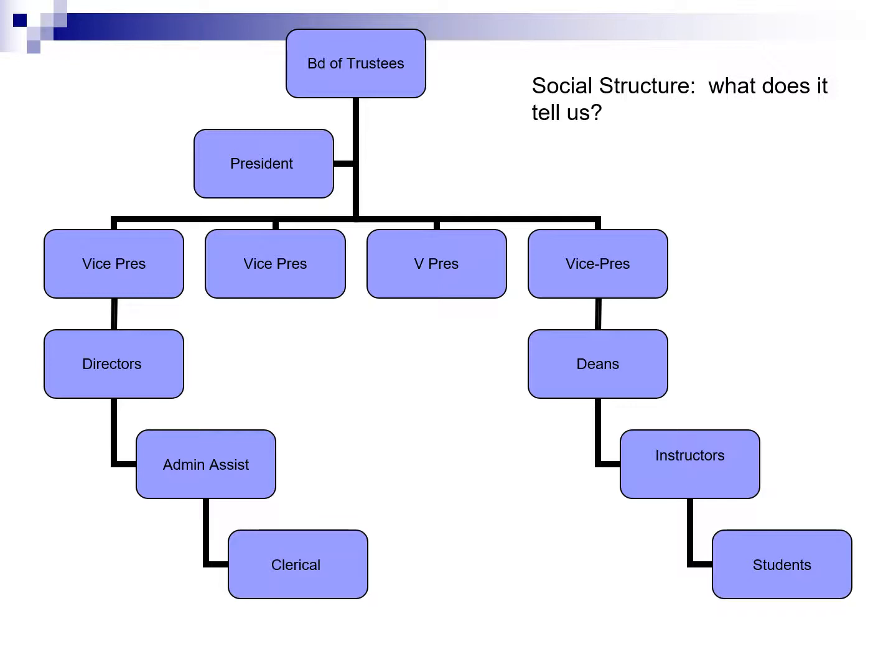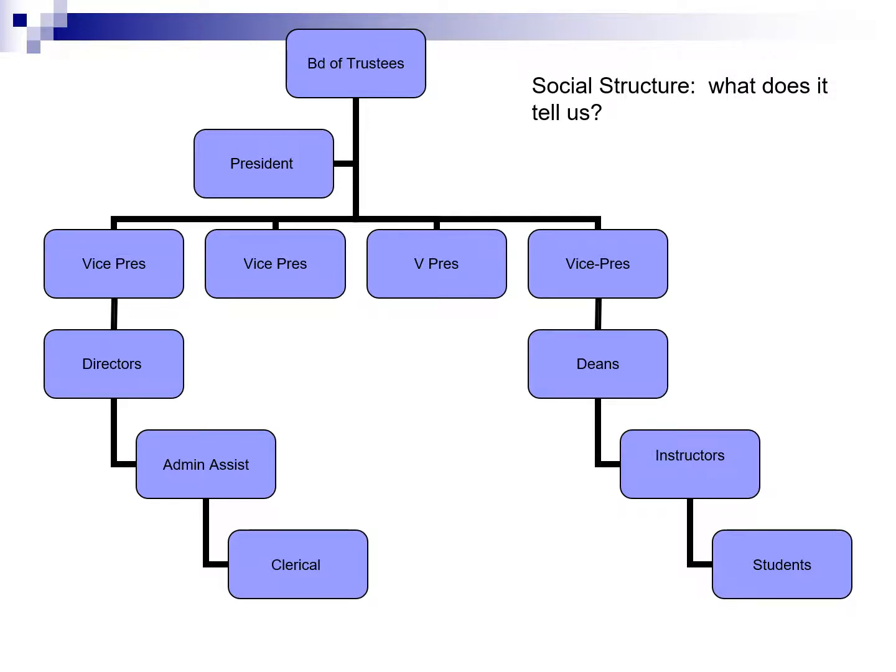The job description for the deans is not the same as that for the instructors, and the job description for the instructors is not the same as the job description for the students. And so we begin to see a framework in which we have positions, we have hierarchy, we have relationships, and we have some sense of responsibilities, job descriptions, as I use the term.